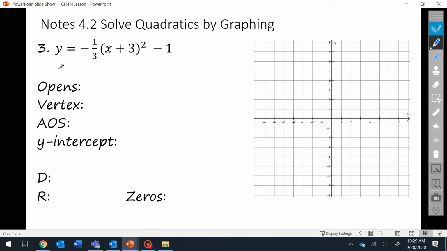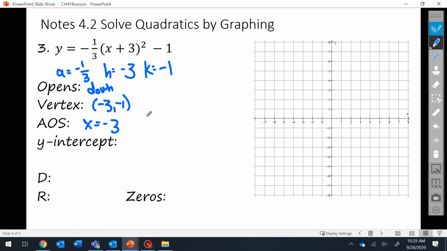So we're going to have to do this A, H, and K. So A is -1/3, H is -3, and K is -1. So this opens down because the A is negative. The vertex is -3, -1, H comma K, which means the axis of symmetry is -3.